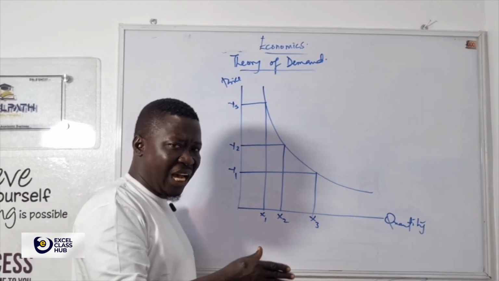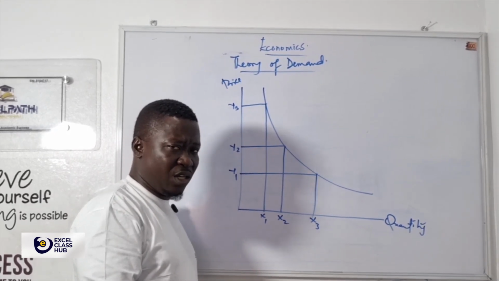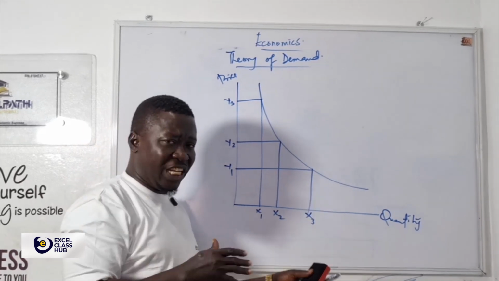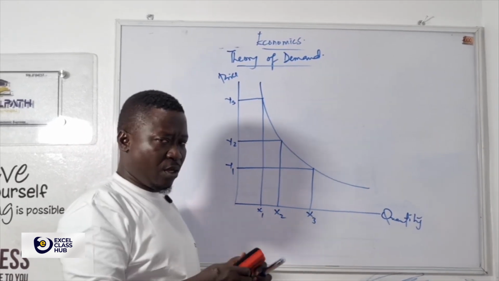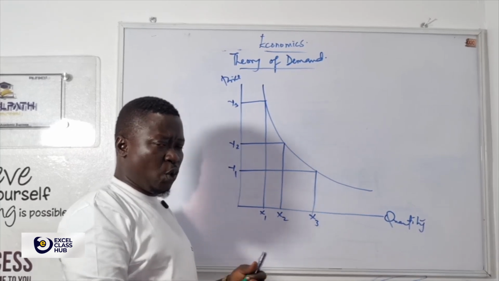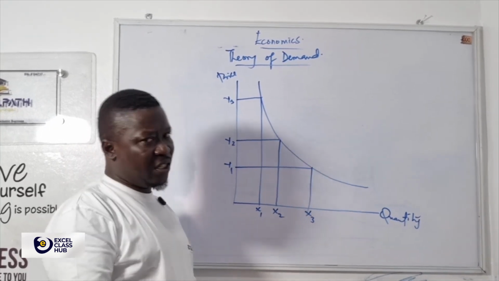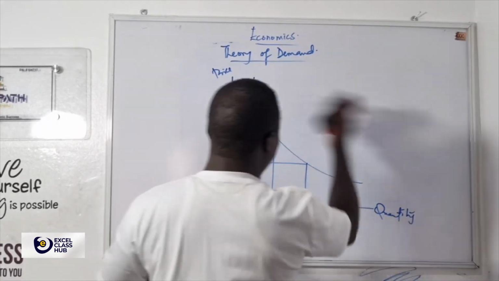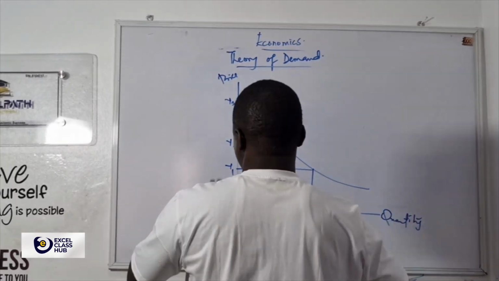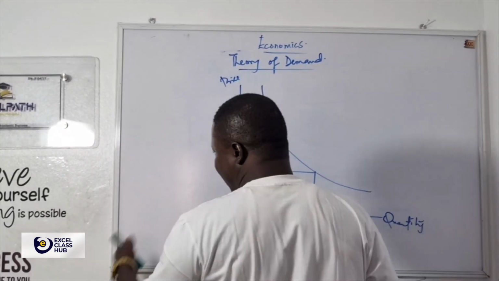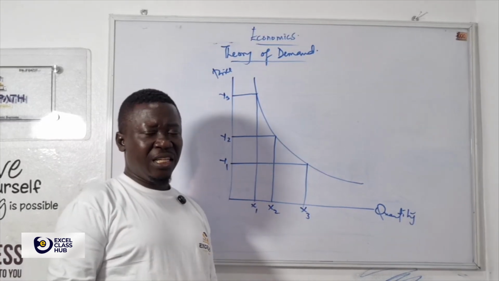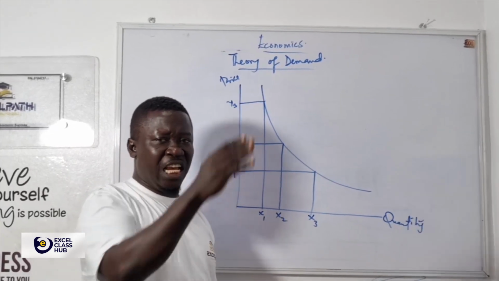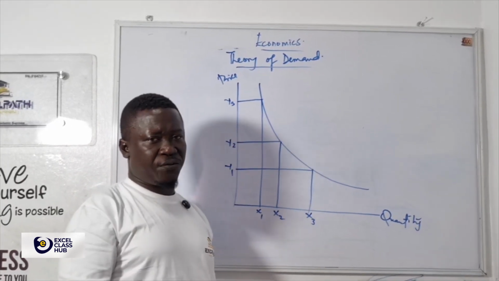There's a movement along the same demand curve. The initial one I gave you, that change in demand, is total bodily shift of the demand curve to either the left or the right. If it is the right, it is increase. And if it is the left, it's called decrease. But change in quantity demand is a movement along the same demand curve.